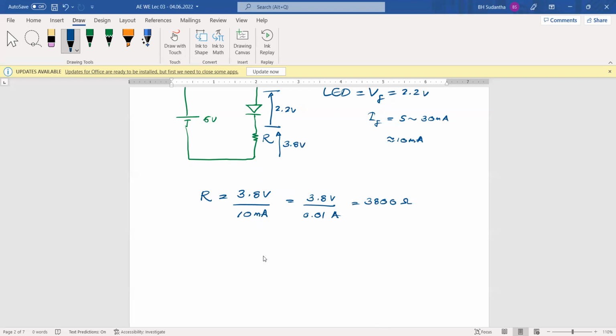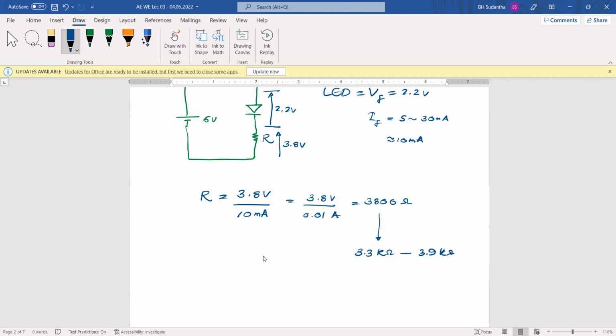But generally we don't have that type of resistor. We have 3.3 kilo ohm resistor, or maybe 3.9 kilo ohm resistor. Those are the resistors we have in practice. You can select either a 3.3 K resistor or a 3.9 K resistor here.